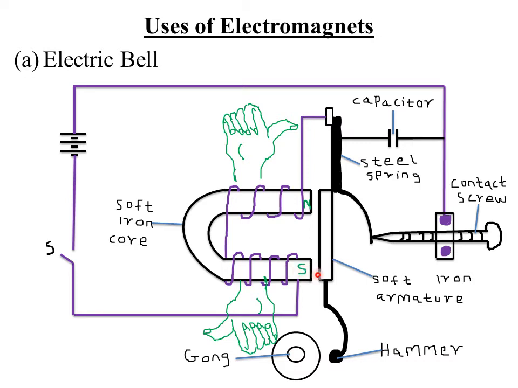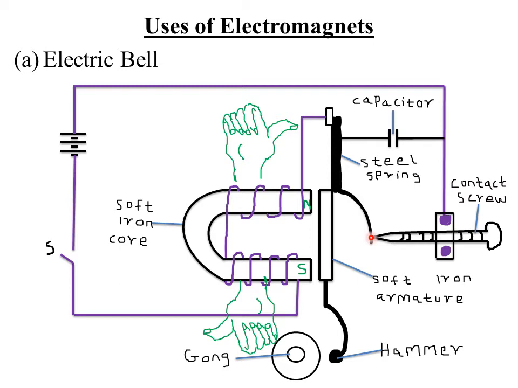So when the magnetism is lost, the armature is taken back because there is nothing to attract it. It is pulled back by the steel spring, again to complete the circuit. So the attraction of the armature separates the contact, thereby breaking the circuit.